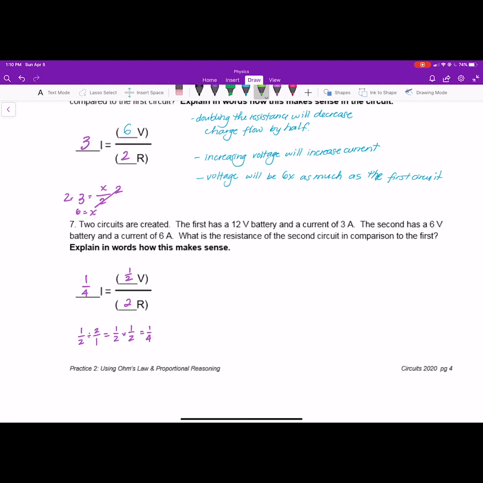And the way that works out is decreasing voltage by half will decrease current by half.